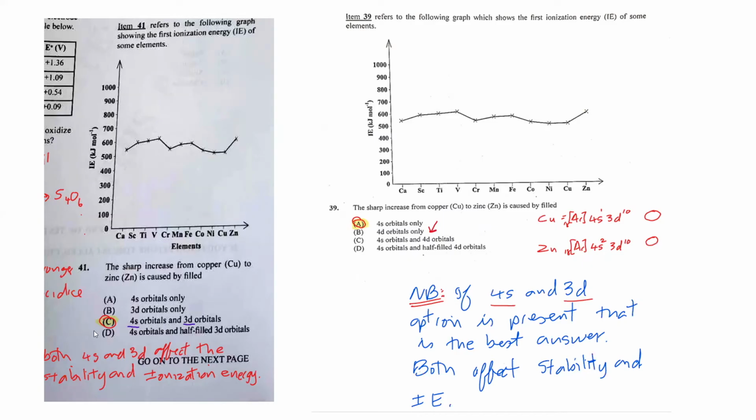Now, my thinking is, if you recall chromium and copper, that the reason you half fill the 4s and half fill the 3d for chromium, you put 1 in the 4s for copper and completely fill the 3d. The reason for that is because it increases the stability, and if the stability is increased, the force of attraction between those electrons and the nucleus is stronger, which means that the ionization energy would be higher.